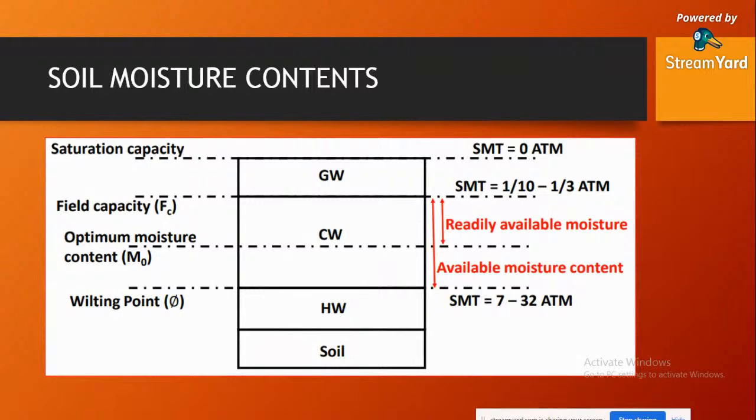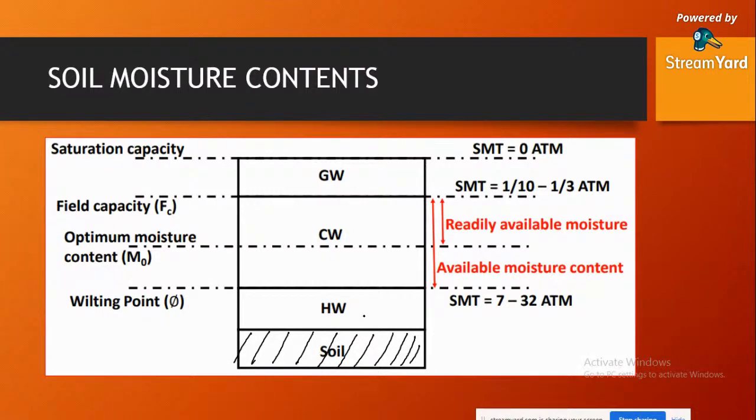Now we will discuss soil moisture content, or what is called soil moisture constants. I told you this is my soil particle. If you keep the soil particle for some period of time in the atmosphere, it will absorb some amount of moisture from the atmosphere.